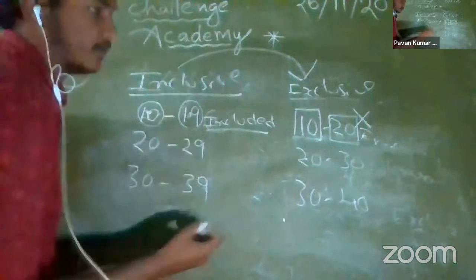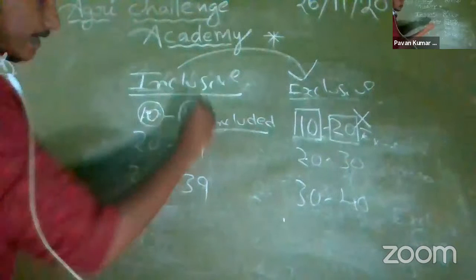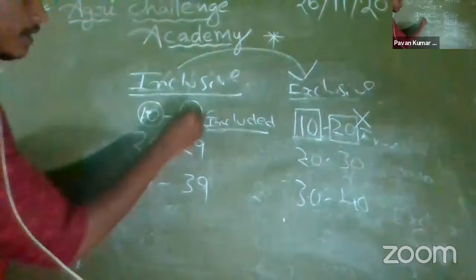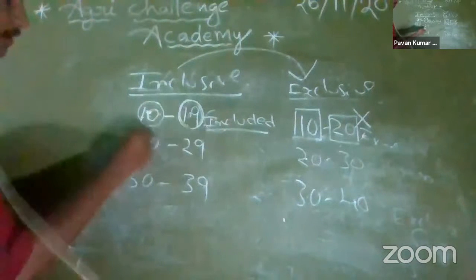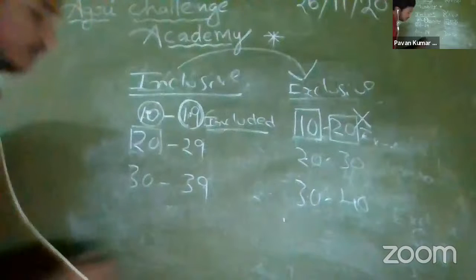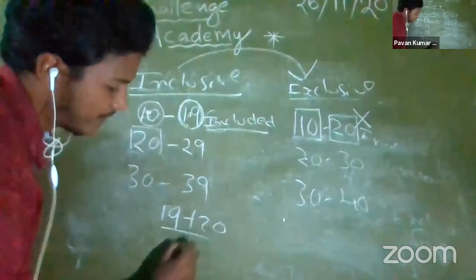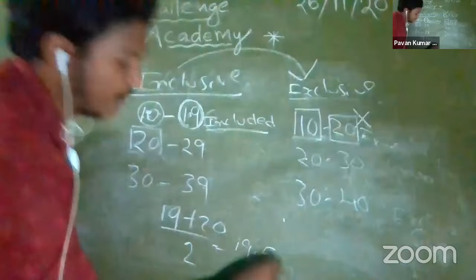How to convert inclusive into exclusive? We will take the upper class limit of the previous class plus the lower class limit of the next class interval, divided by 2, that is 19 plus 20 by 2. We will get 19.5. Now we will change these limits.